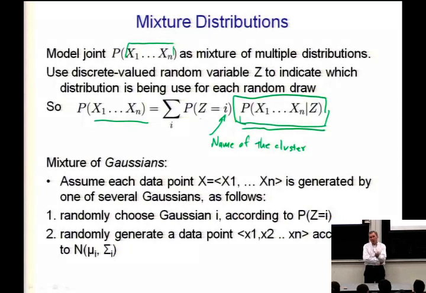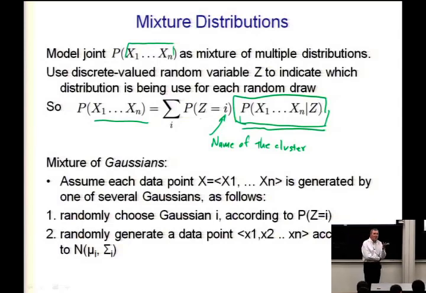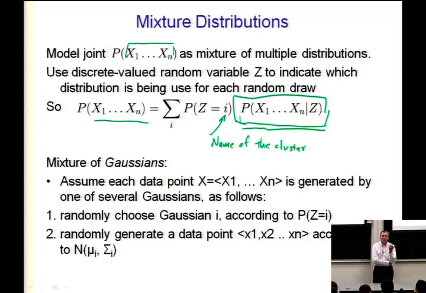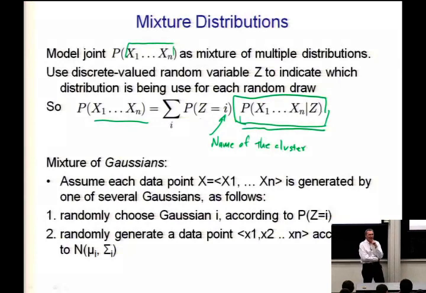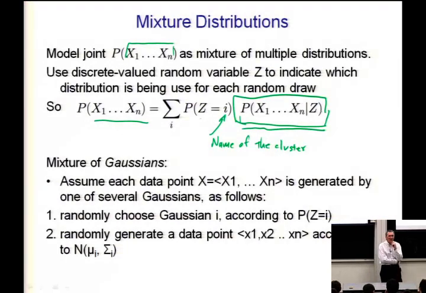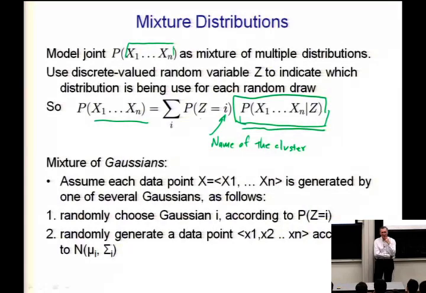There's another approach which we're not going to talk about in this class, but which is also very nice and elegant in a way, which is to use what's called a hierarchical Bayes approach, and put a prior on the number of values that Z can take on. That is, a probability distribution over the number of values Z can take on, and then solve for the posterior distribution on that given the observed data.